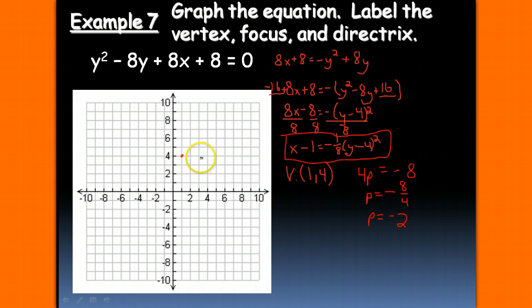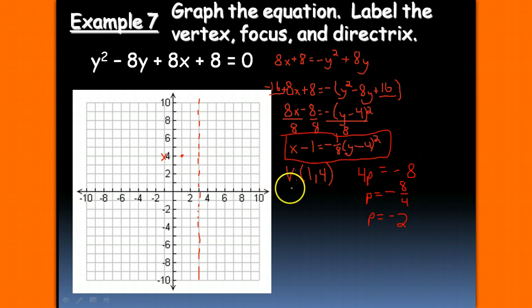So we're going to go 1, 2 over. And there's our directrix right here. Alright, and so then we can go the other direction. We can go 1, 2 in the other direction, and that's going to be our focus right there.